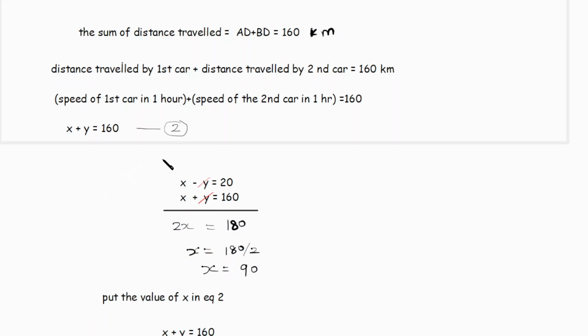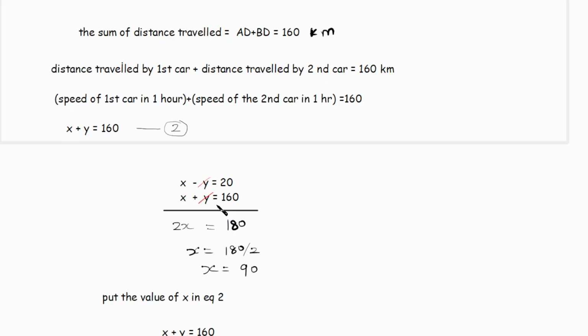Now we have two equations. The first equation is x minus y equal to 20, because the two cars are traveling in the same direction. In the same direction we use the minus symbol; in the opposite direction we use the plus symbol. This is the first equation, and this is the second equation: x minus y is equal to 20 and x plus y is equal to 160.